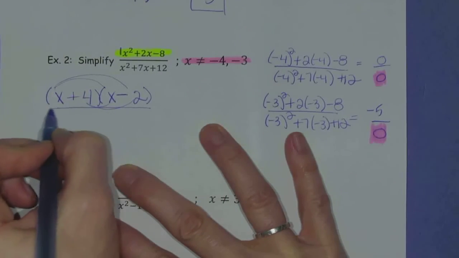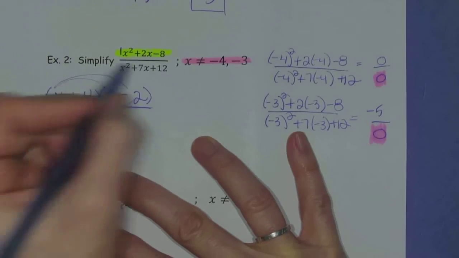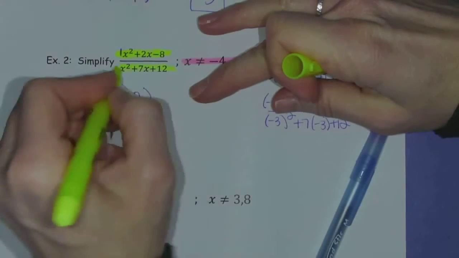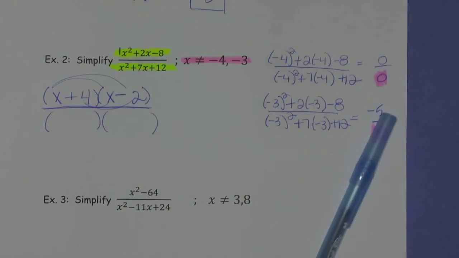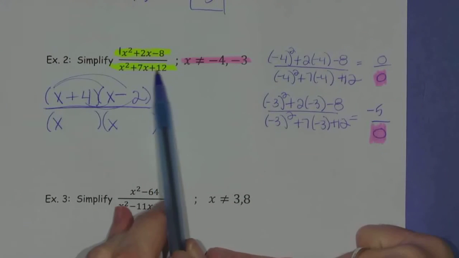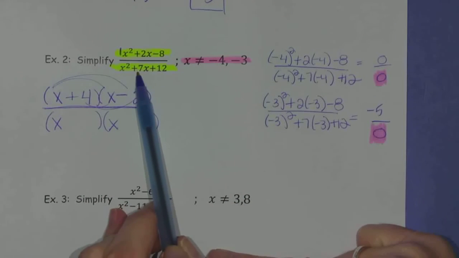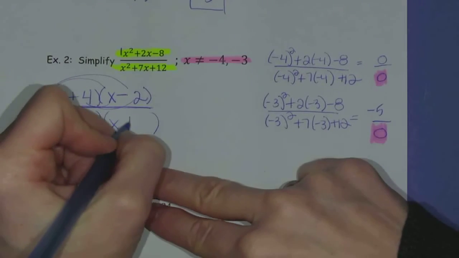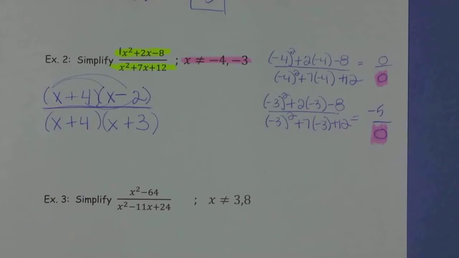Okay, I'm going to do the exact same process for my bottom here. x squared plus 7x plus 12. And I've got x and x, two numbers that have a product of positive 12 and a sum of 7 would be positive 4 and positive 3.